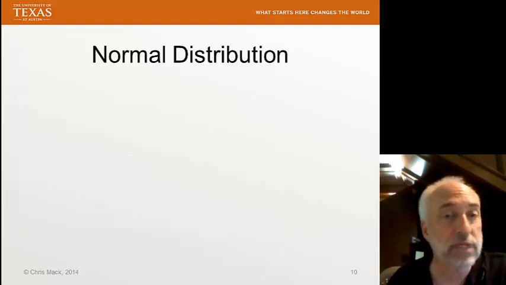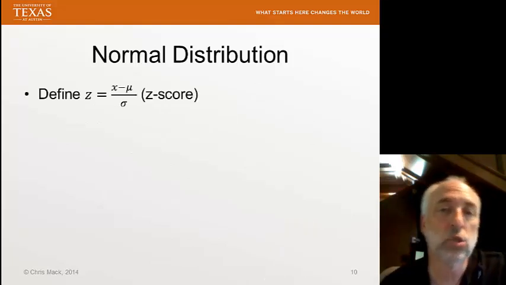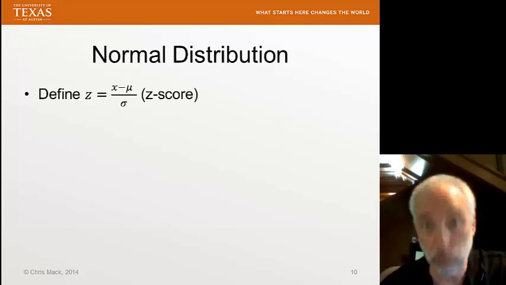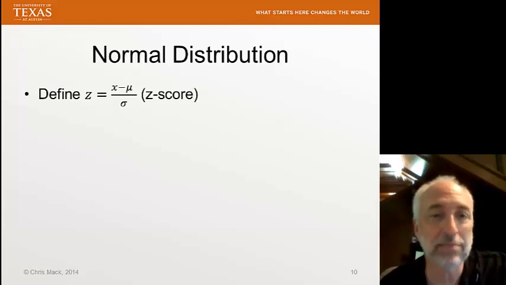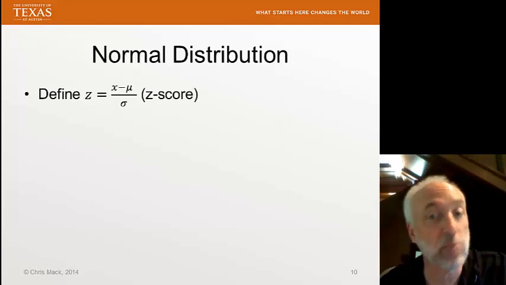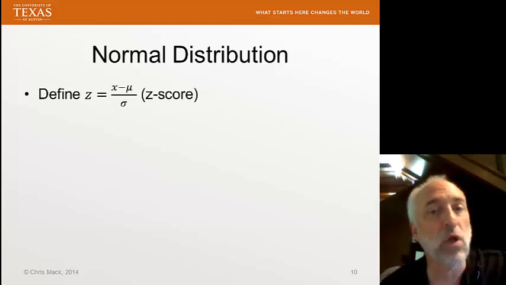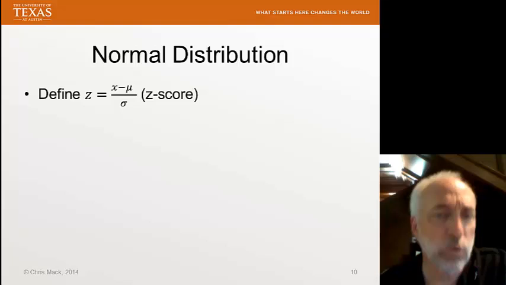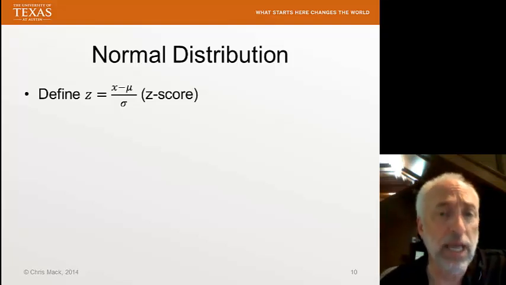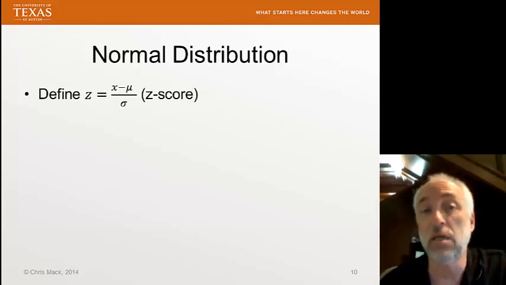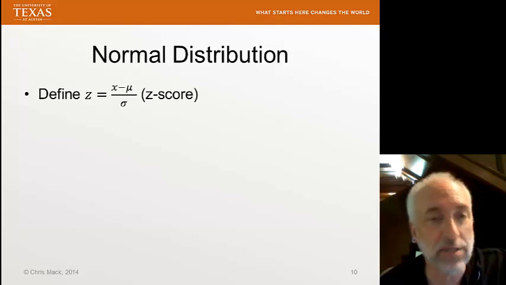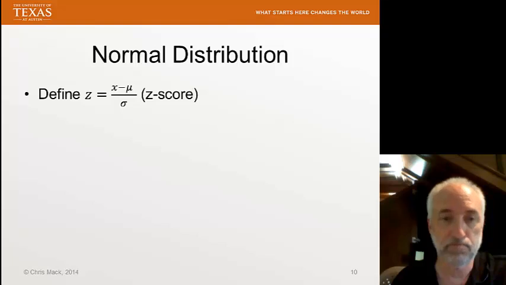Now, it's very common to normalize our normal distribution. That's a kind of strange way of expressing it, but we define something we call a z-score. We take our random variable x and subtract off the mean of the distribution, then divide by the standard deviation of the distribution.